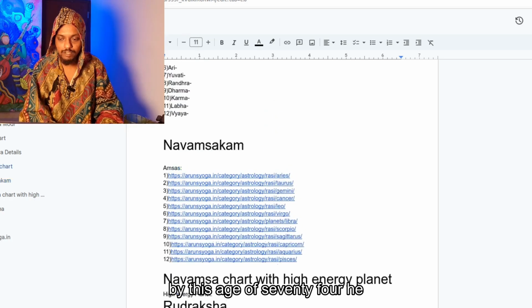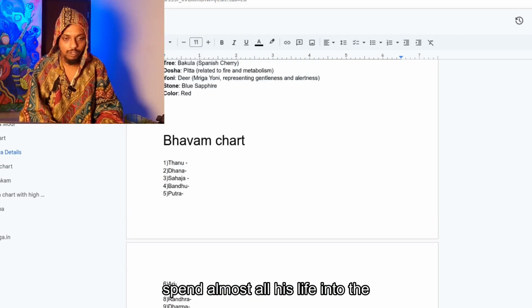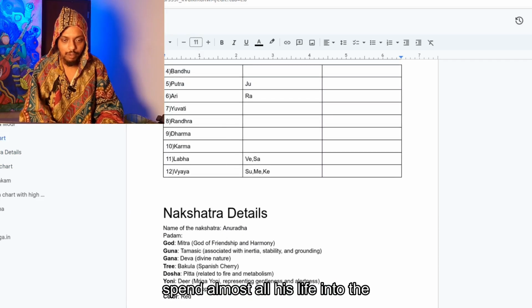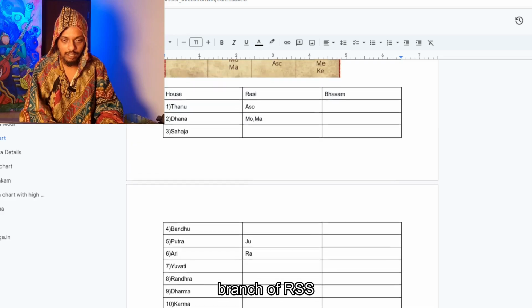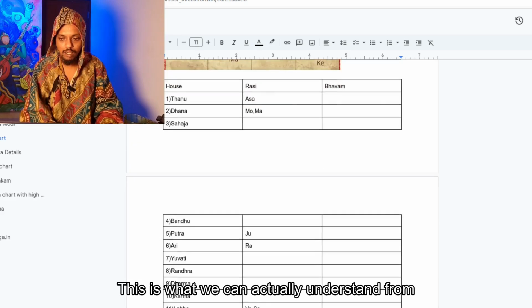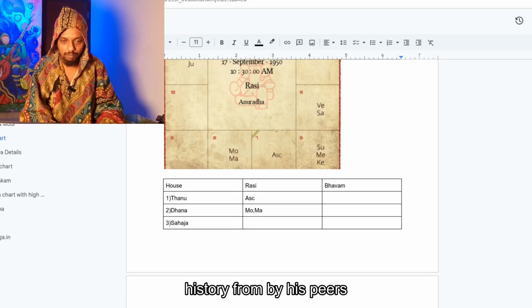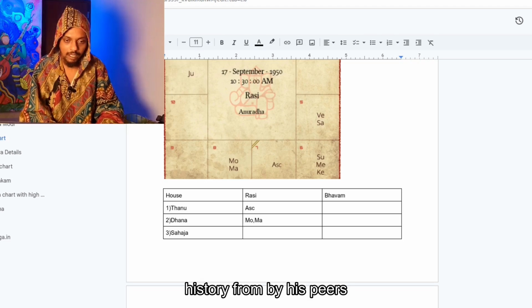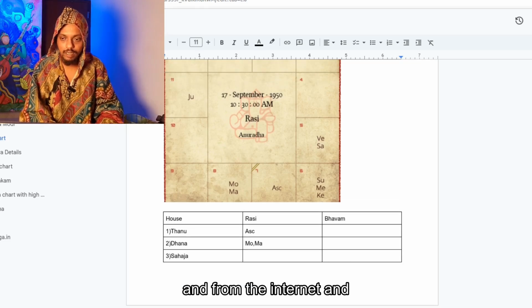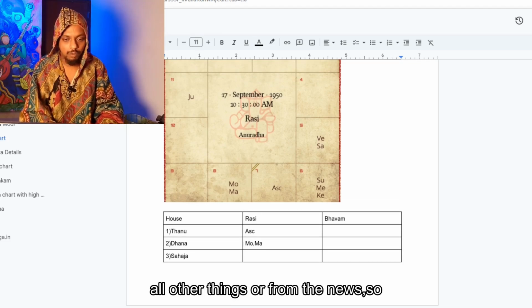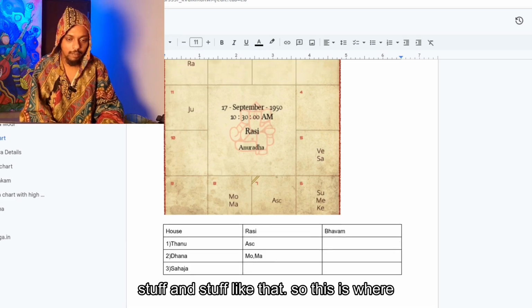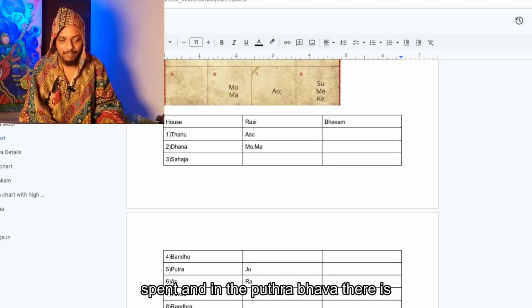By this age of 74, he has spent almost all his life in the branch of RSS. This is what we can understand from history, from his peers, from the internet, from the news and things like that.